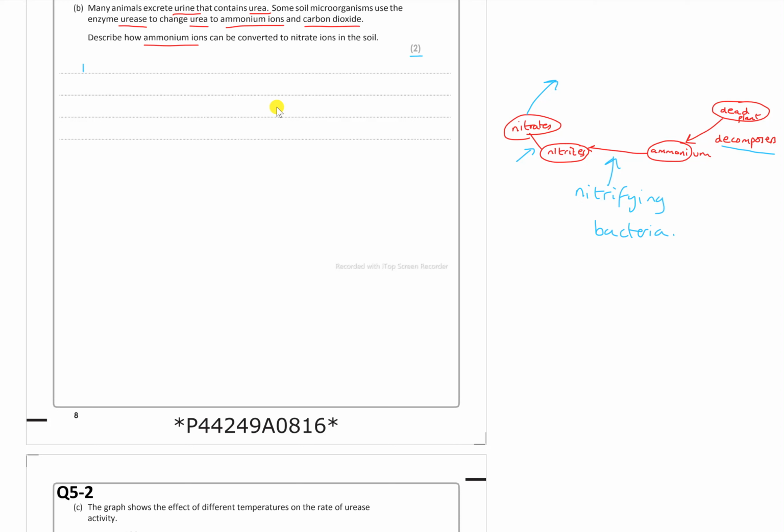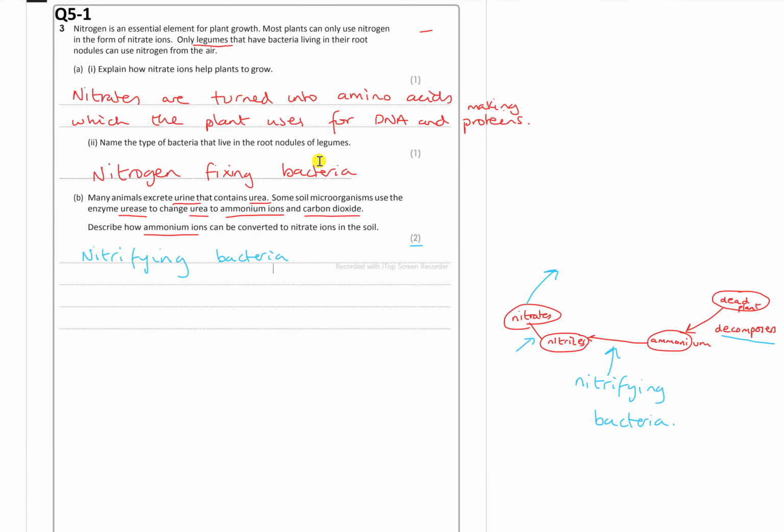So we can say nitrifying bacteria. Remember, it says, what did it say? Nitrogen fixing, does it say? No, it doesn't say it. So that there is nitrogen fixing bacteria.